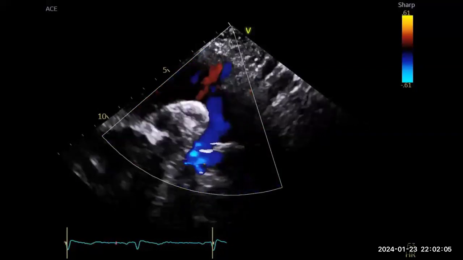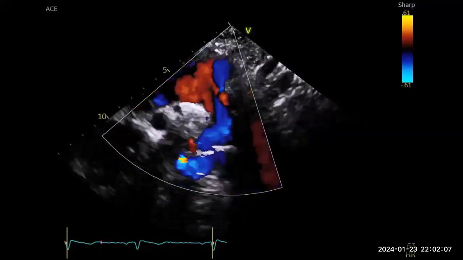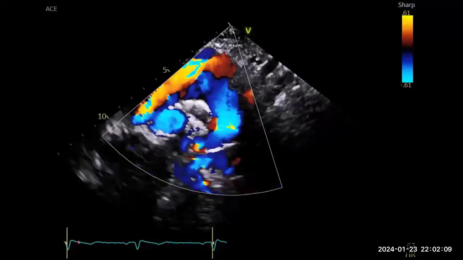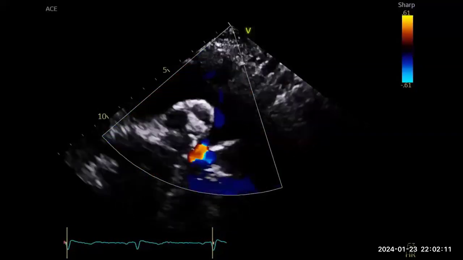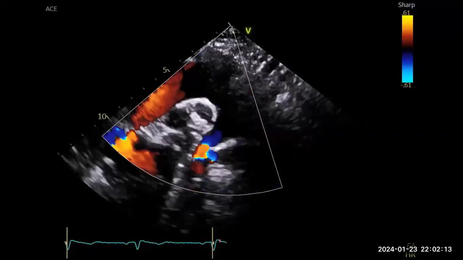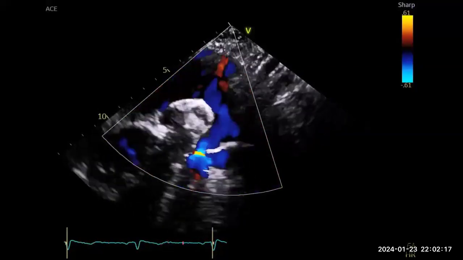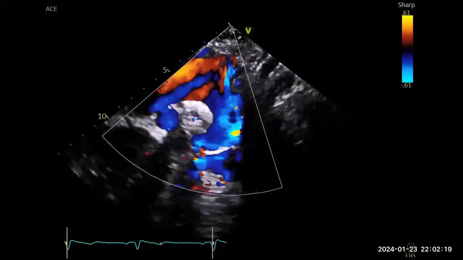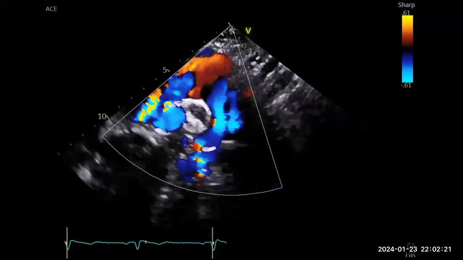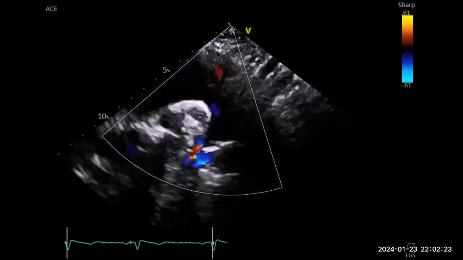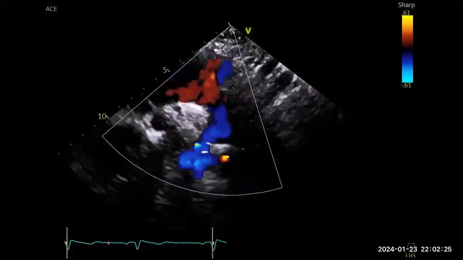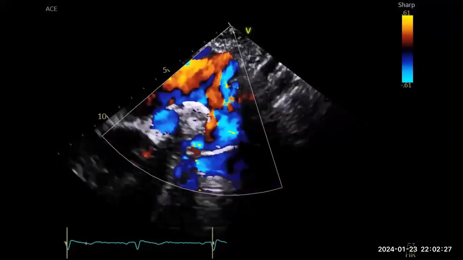What do you see here? A suprasternal view showing the aorta and the flow. There is a narrowing in the aorta, near the subclavian, yes, correct, with flow acceleration in this narrowing. Okay, that's fine. And what makes you more convinced to say that this is a coarctation?